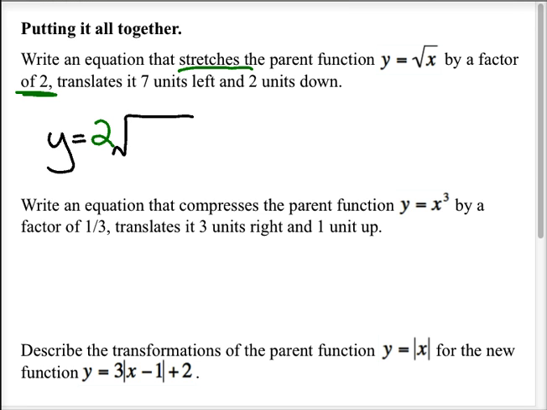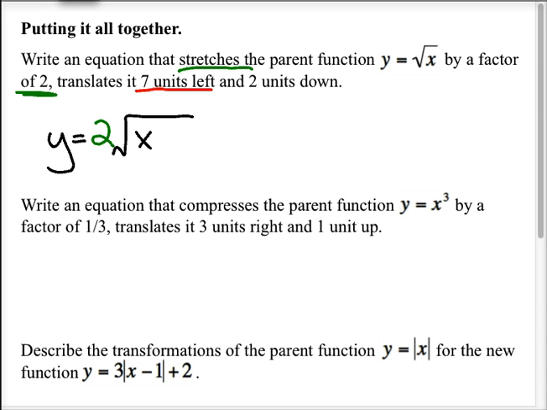And here my parent function is a radical. So that stretch or compression always presents itself as multiplication outside the function. 7 units left. That is a horizontal translation. So it's going to be affecting my x. And again, it's always the opposite of what you'd expect.